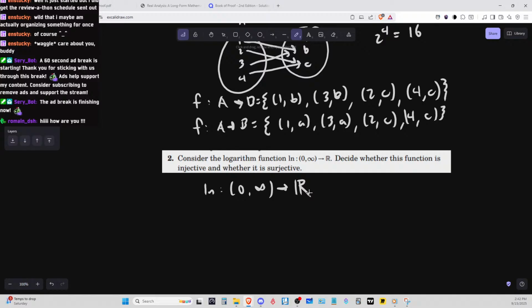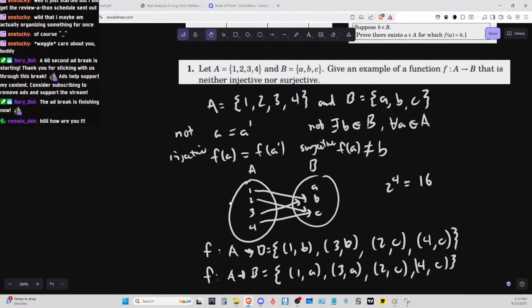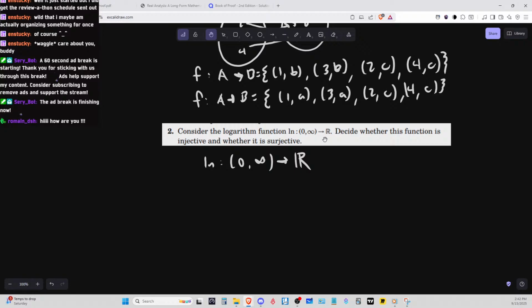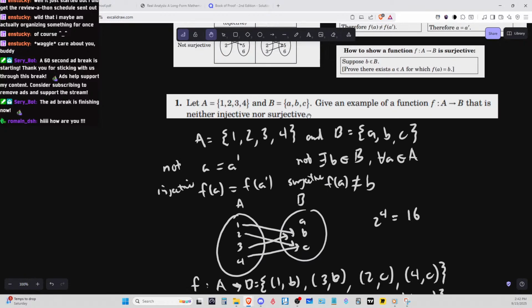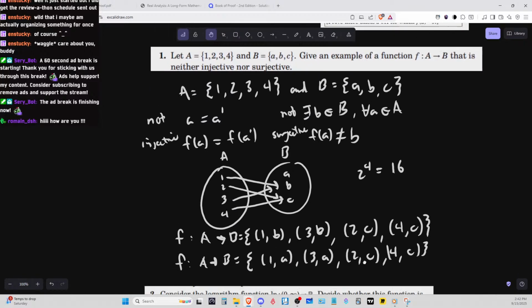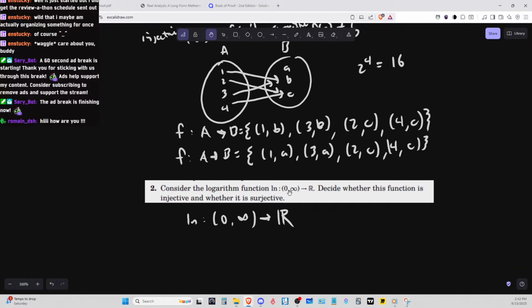Now we have to actually figure out how to start this. I think it's the same as what we did here. Technically this is a function that starts out with all the numbers from 0 to positive infinity, and it goes to the real numbers.